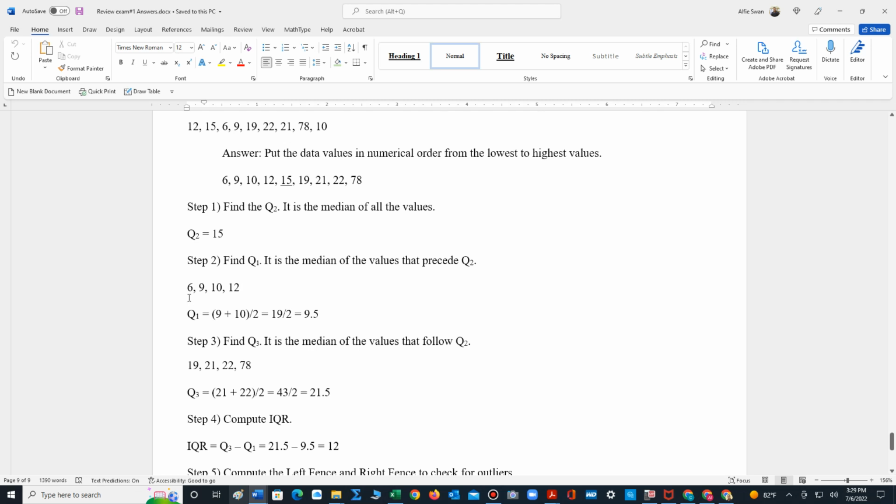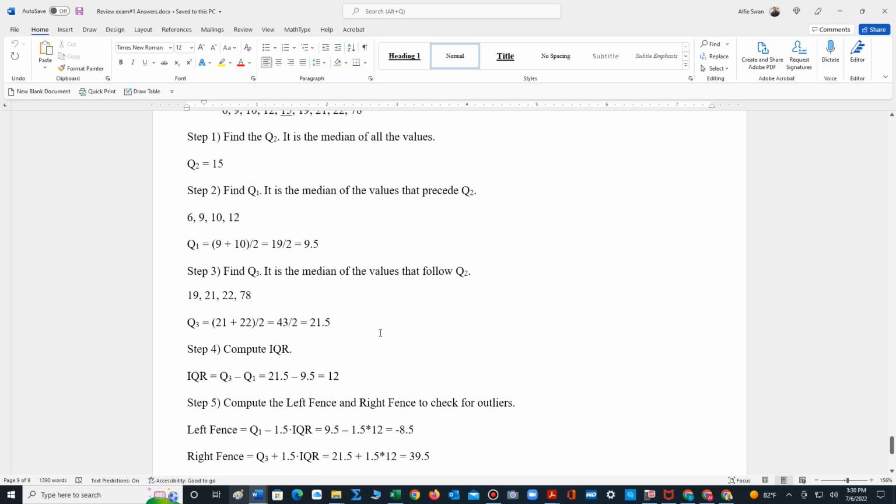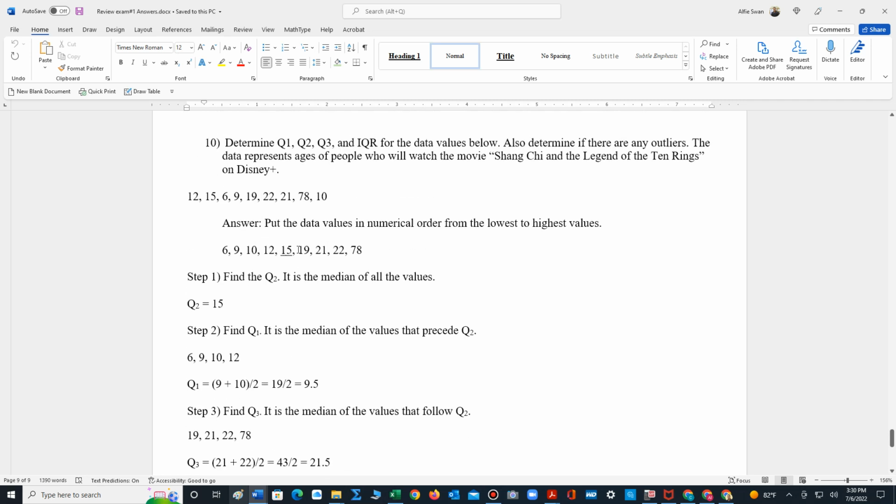Now we have to find the median of the values that precede it. Since we have an even number of values, we have to compute the midpoint of the 9 and 10. So 9 plus 10 is 19, over 2, is 9.5. That's Q1. To find Q3, we have to find the median of all the values that follow Q2.